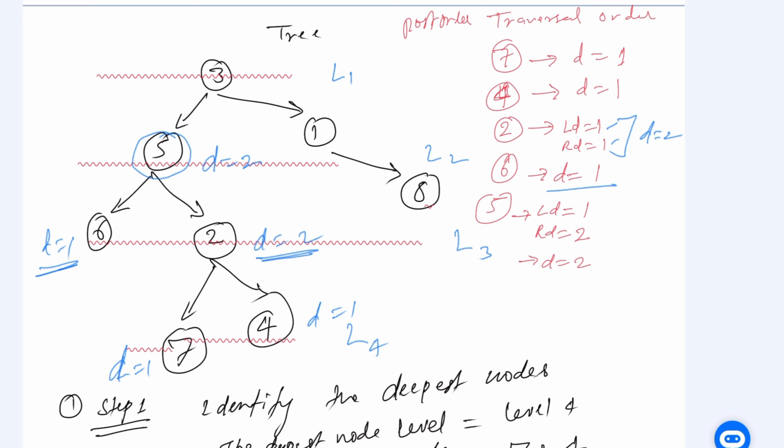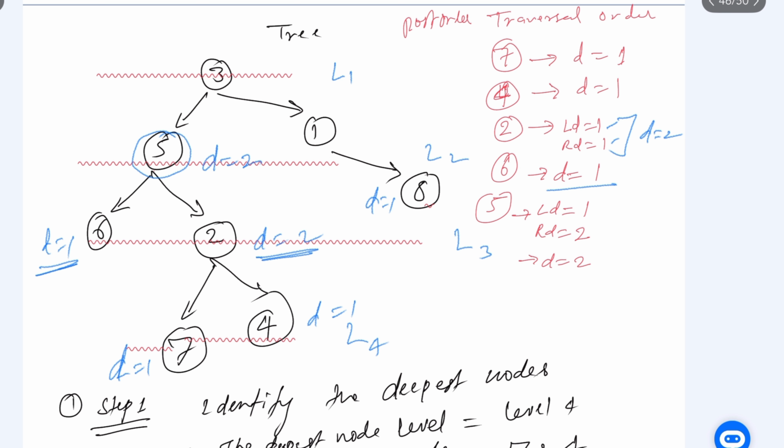Similarly, we'll go to the node 8 now. So 8 depth is equal to 1, and its other level depth is equal to 2. And this is 2 and 2, so its depth becomes 3. Understanding? So like this, we have to propagate. And what is the depth of the 3?